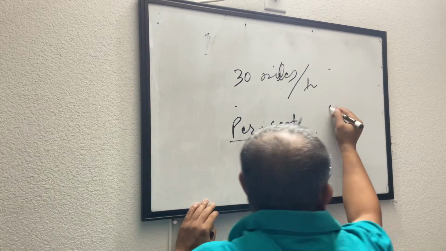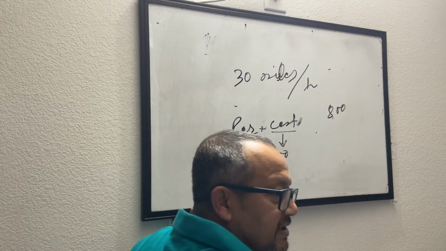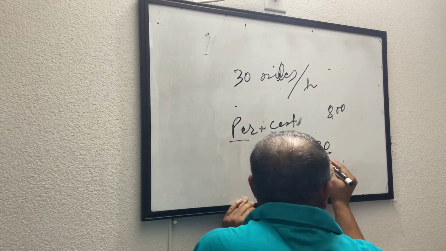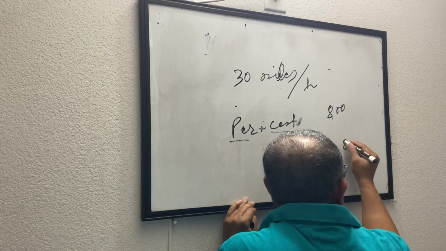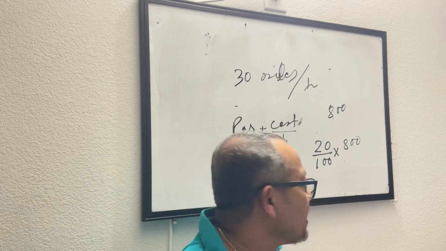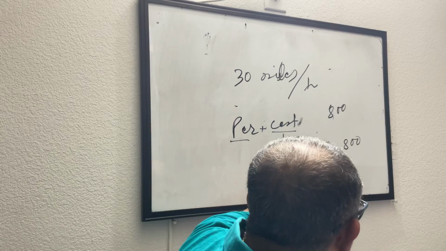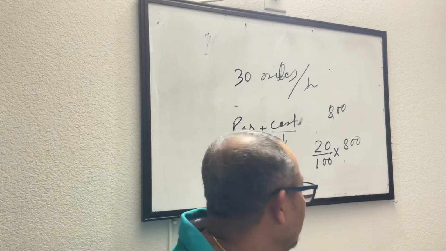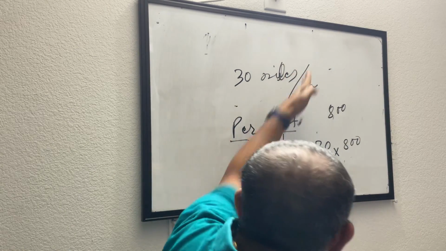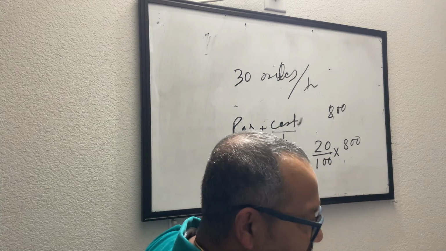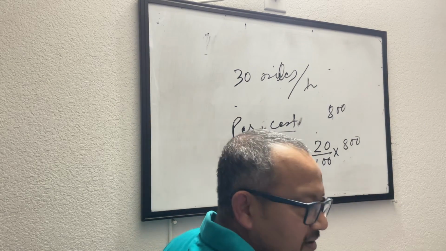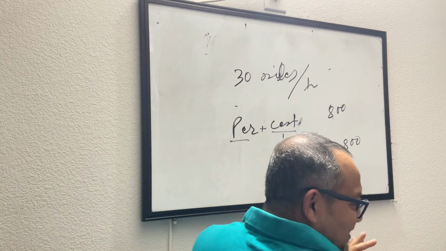So 20% of 800. Now you calculate and figure out how much everybody is getting. 20% of 800. Whatever I said in English, I have just written it down. Like 30 miles per hour, this slash was per. So now how much is everybody getting?